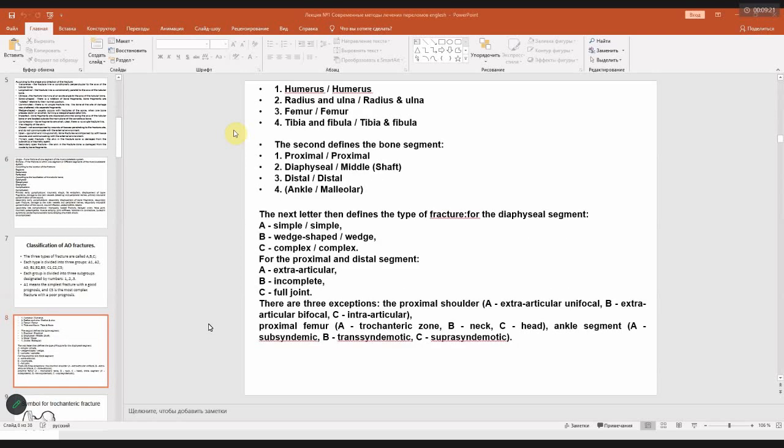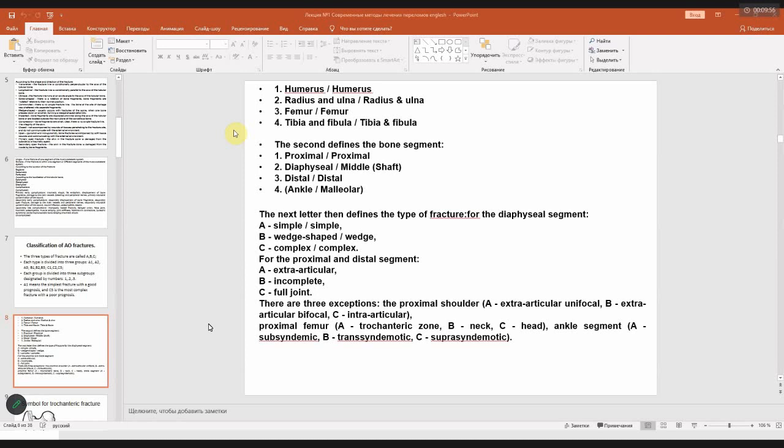For example, humerus is number 1, radius and ulna number 2, femur number 3, tibia and fibula number 4. The second number defines the bone segments: proximal number 1, diaphysis number 2, distal part number 3, ankle malleolus number 4.